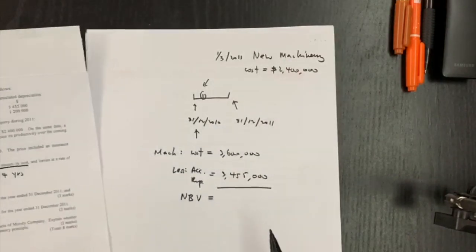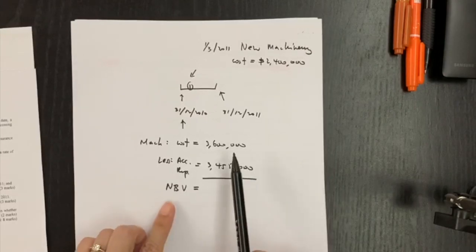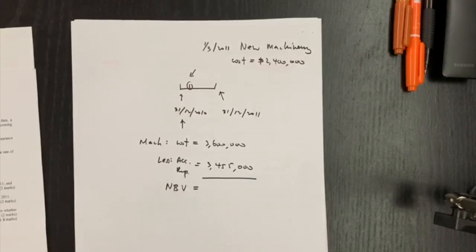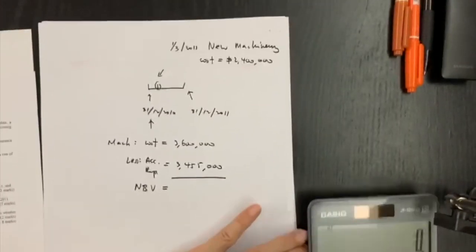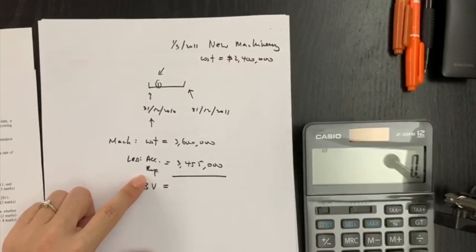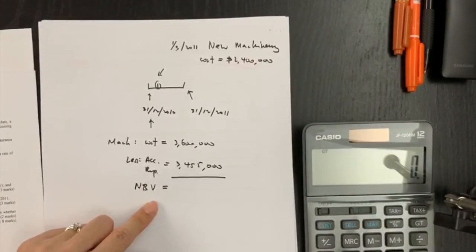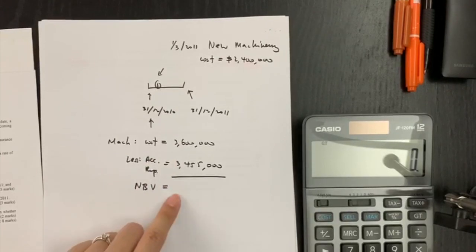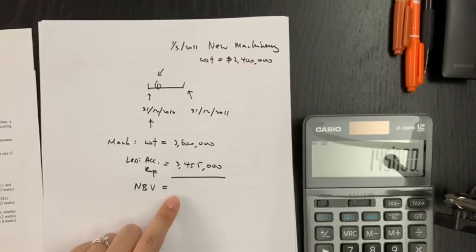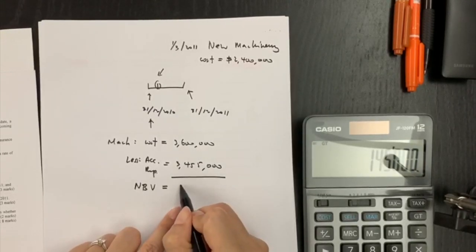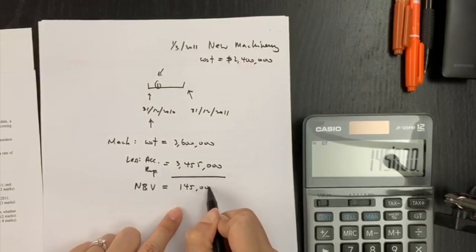All right, okay, so what is the difference between this and this? The difference between cost and accumulated depreciation means net book value. Now I use a calculator to get net book value. So 3.6 million minus accumulated depreciation, so I have this net book value as 145,000.